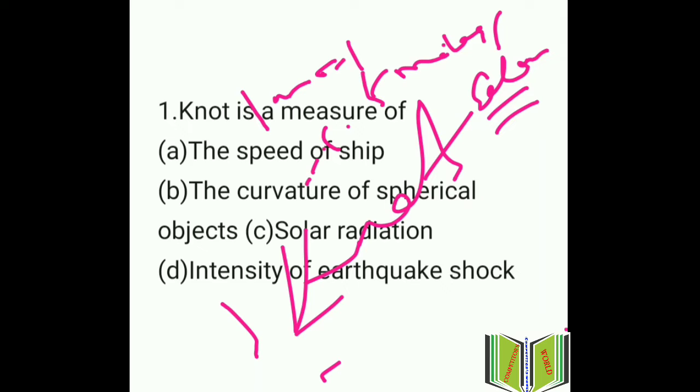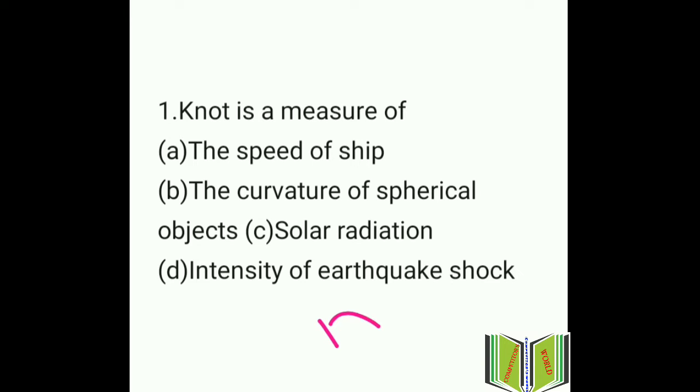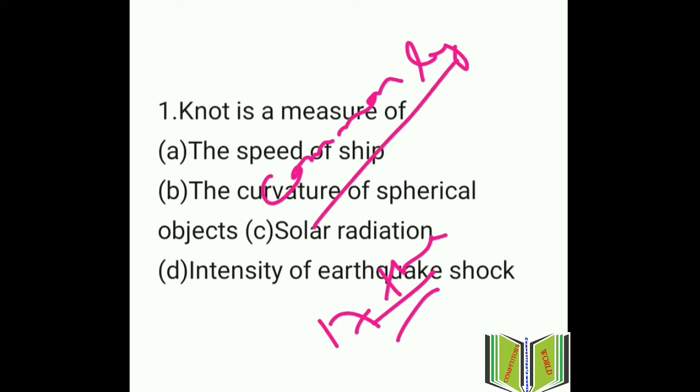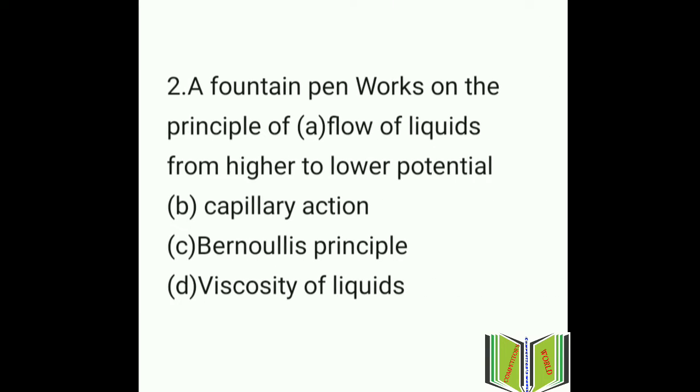So actually this term knot was coined in the 17th century, and it was basically used by the sailors to measure the speed of the ship, using a device that is known as the common log. This was a coil of rope with knots, so this was called knot. Okay, so move on to the next question, that is question number 2.